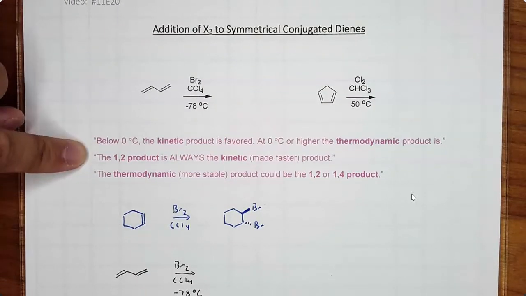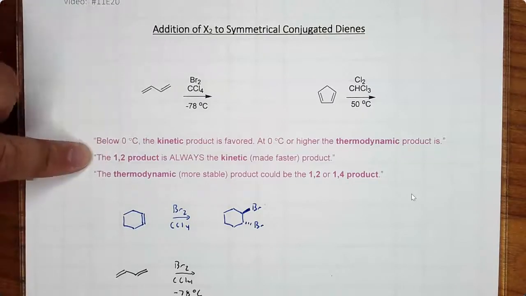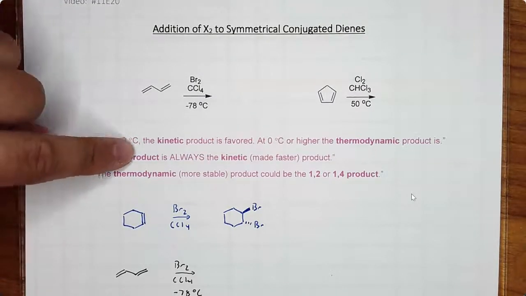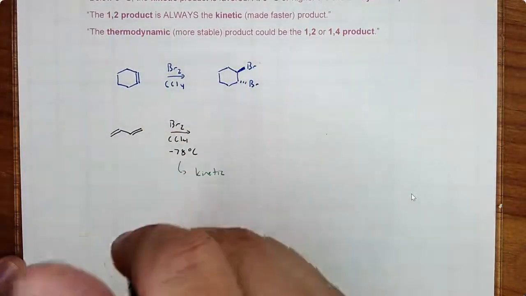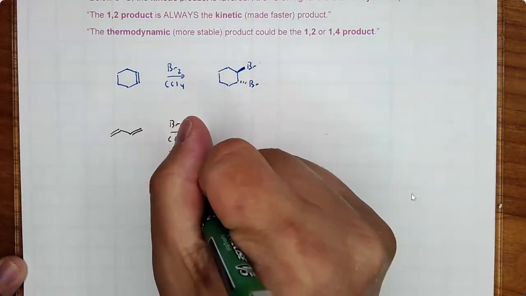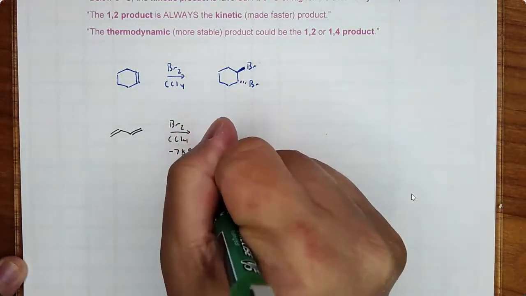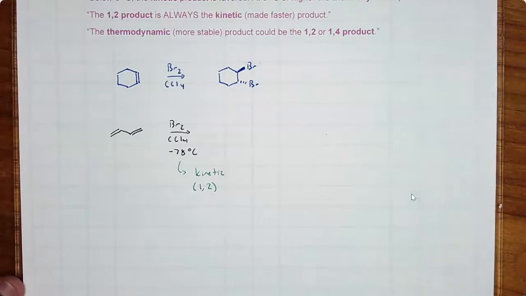But the second statement says we're done determining whether it's the 1,2 or the 1,4. The 1,2 is always the kinetic. So if I know I'm going for the kinetic, the one that's made faster, then for sure I'm going to pick the 1,2 product.